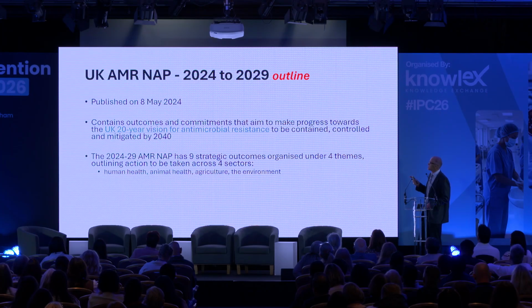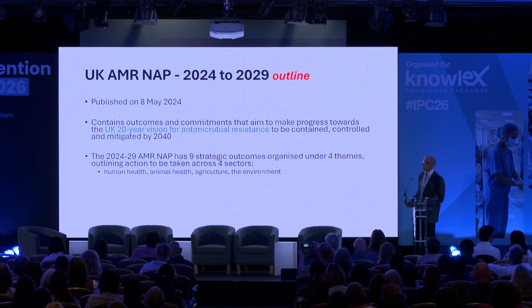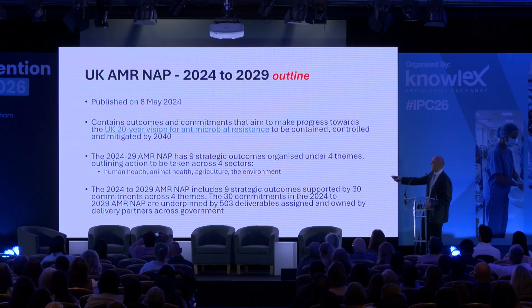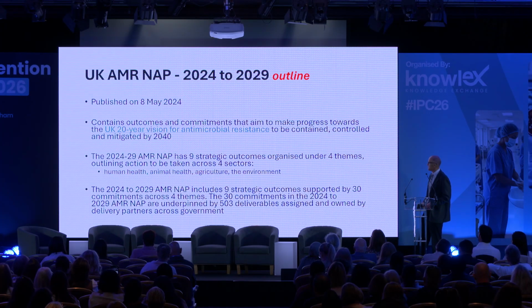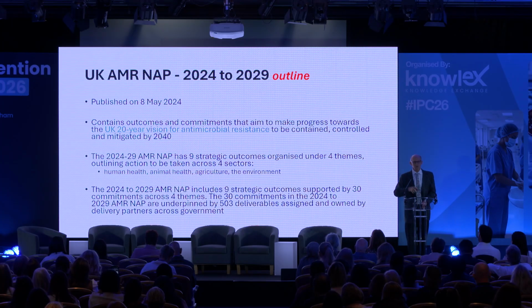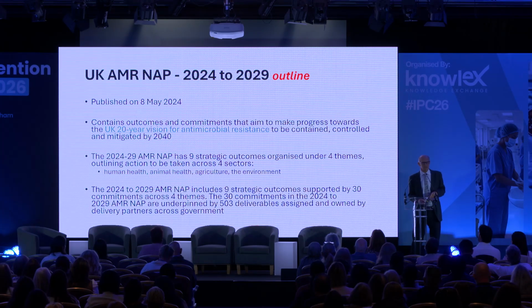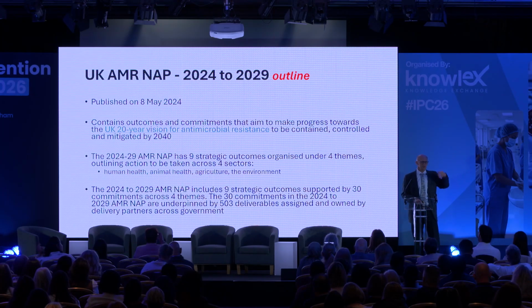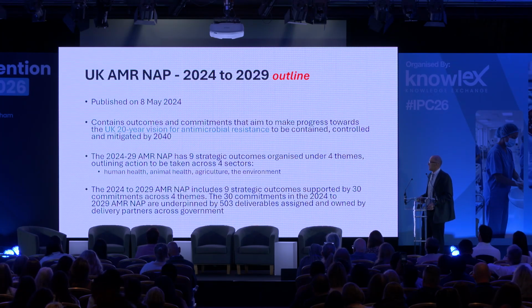It's got 9 strategic outcomes across 4 different sectors, and the sectors are listed there. And there are potentially over 500 deliverables across various parts of government, and not just the Department of Health and Social Care, but Agriculture, and lots of others as well.